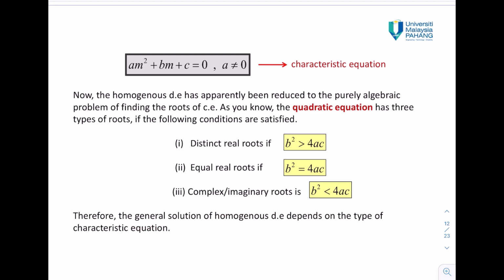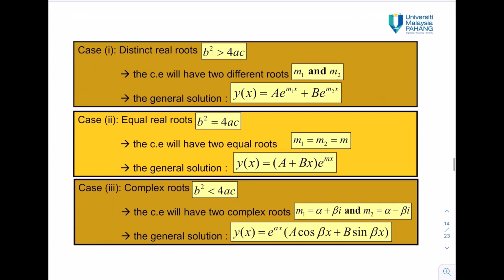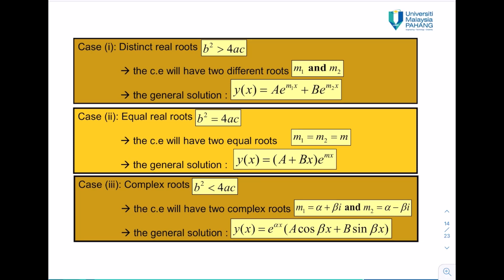So now we will discuss further based on the previous notes. We have 3 cases, right? The first one is when we have distinct real roots, which is specifically b squared greater than 4ac, when we have m1 and m2 which are real and distinct.